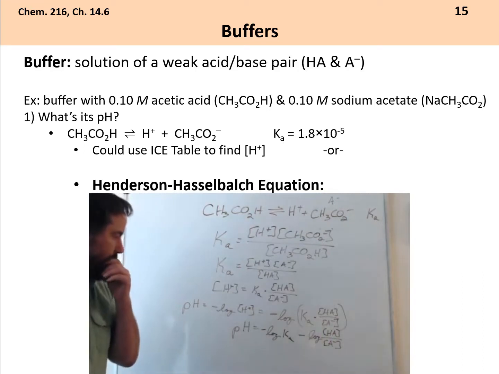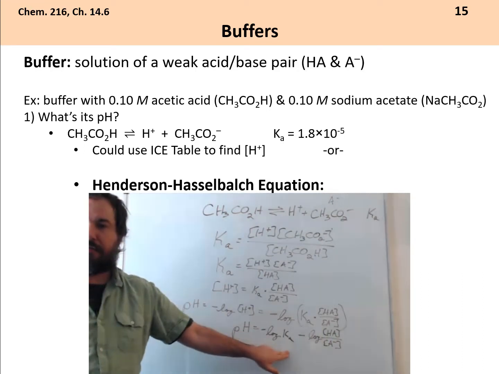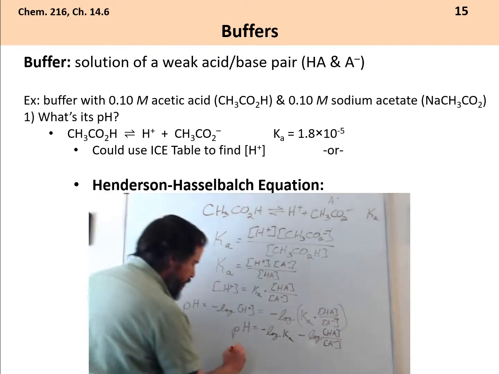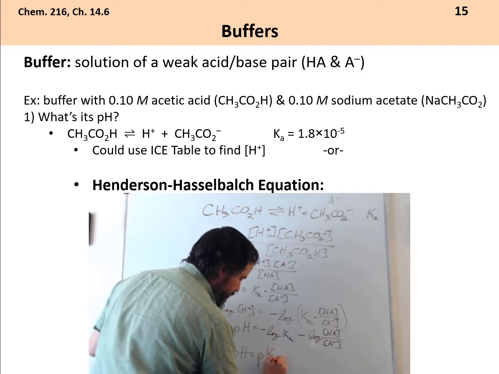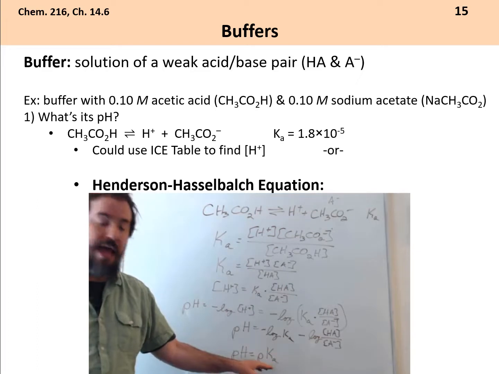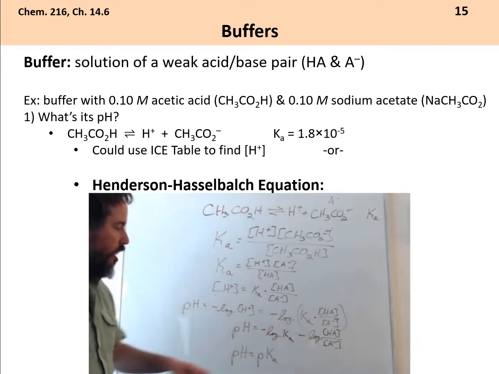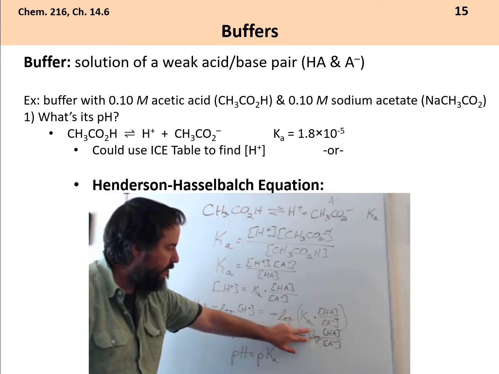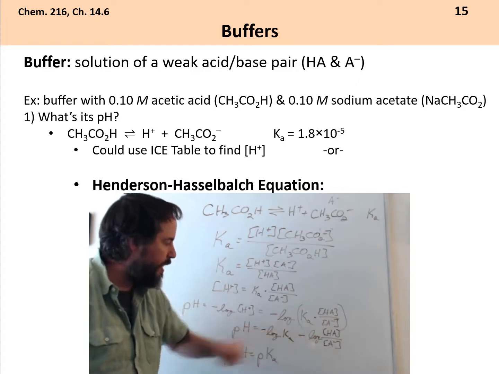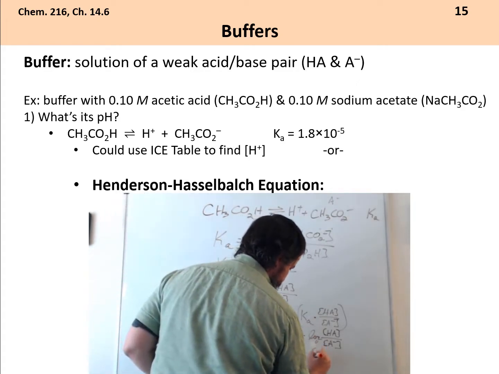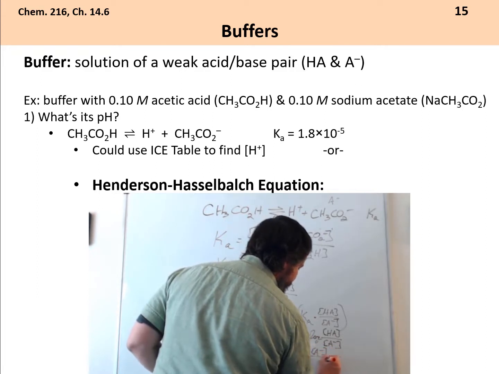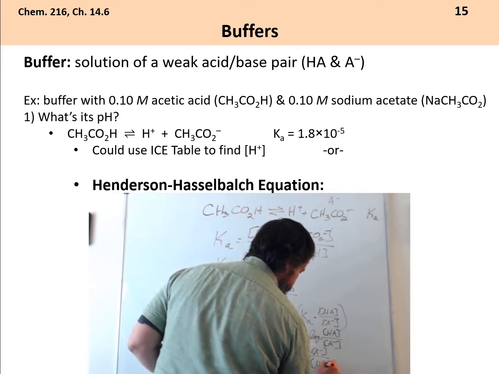Okay. Well, negative log of Ka, we already know this as pKa. Right? And there's another rule for logs, which is if this is negative, I can flip these, and this will become positive. Okay. And so I have this equation here.